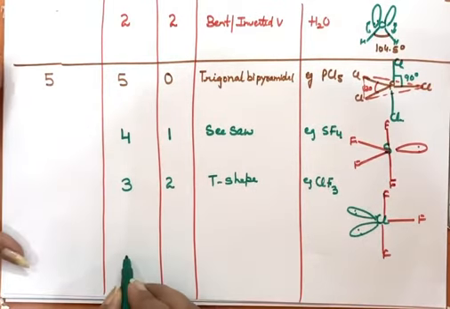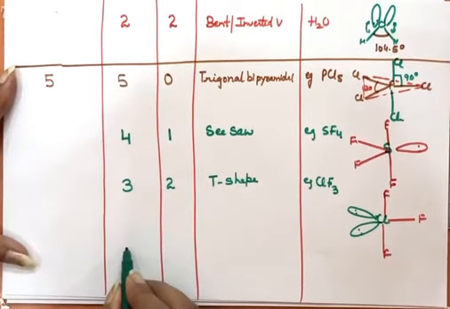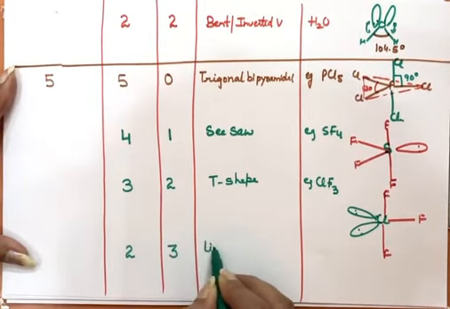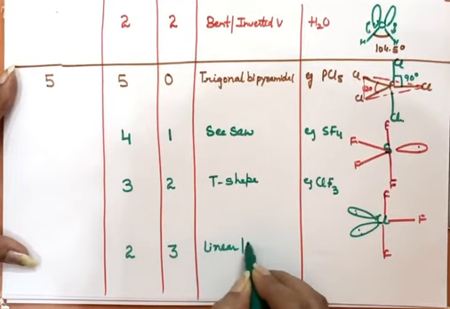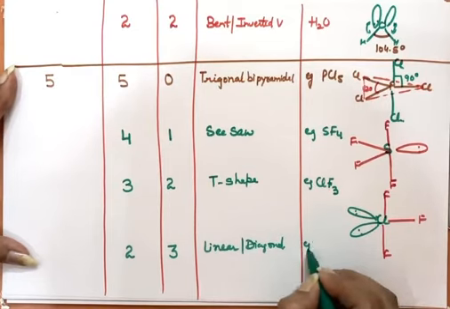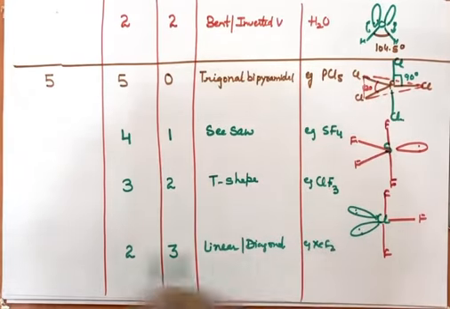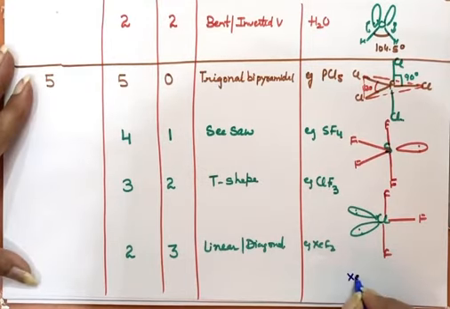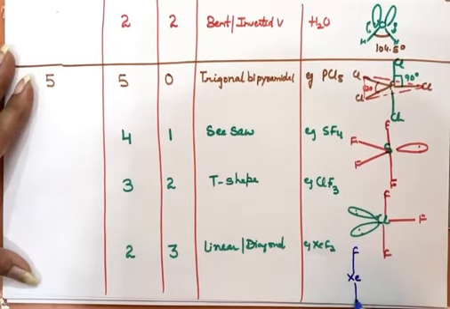But we have one more possibility in the 5 electron pairs. 2 can be bond pairs and 3 can be lone pairs. This shape is linear, or we can say diagonal. Example here is XeF2. Xenon has 8 electrons in its last shell. Out of 8 electrons, it has used 2 electrons to combine with the fluorine above and below the plane.